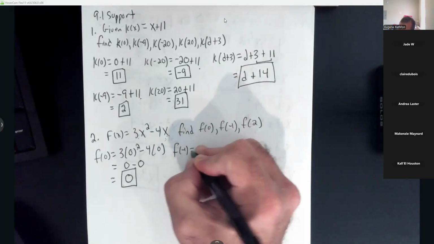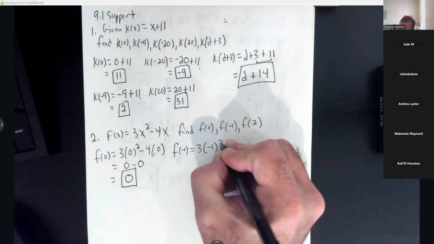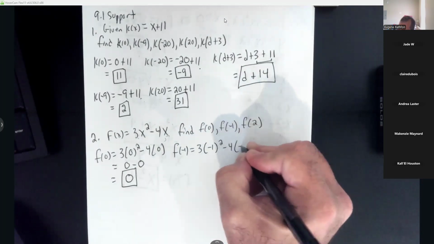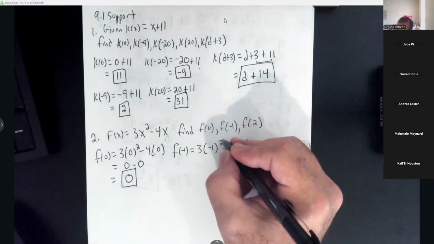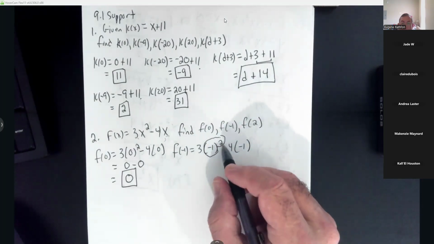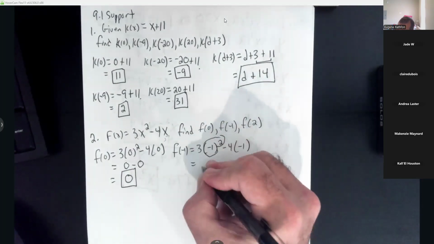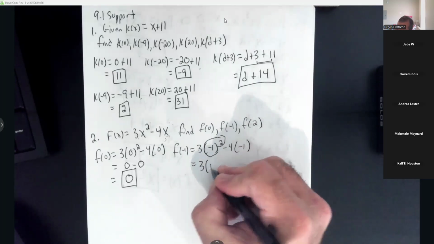F of negative 1 will equal 3 times negative 1 squared minus 4 times negative 1. So the first thing you would do on this is negative 1 squared. So I'm going to bring down this 3. Negative 1 times negative 1 is a positive 1.